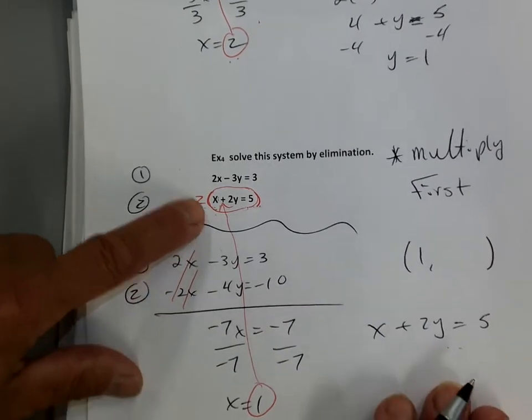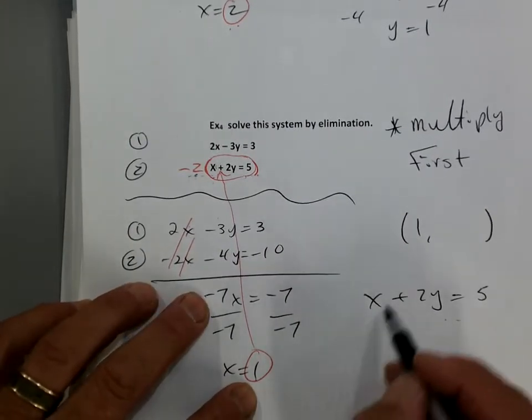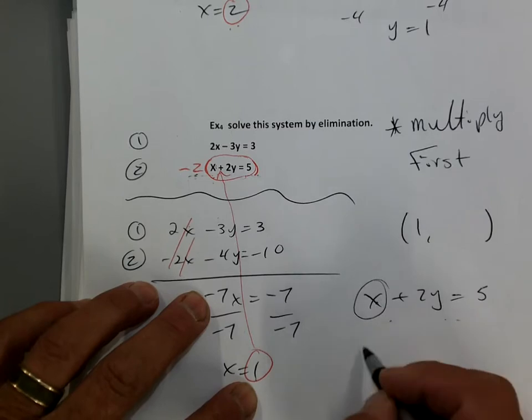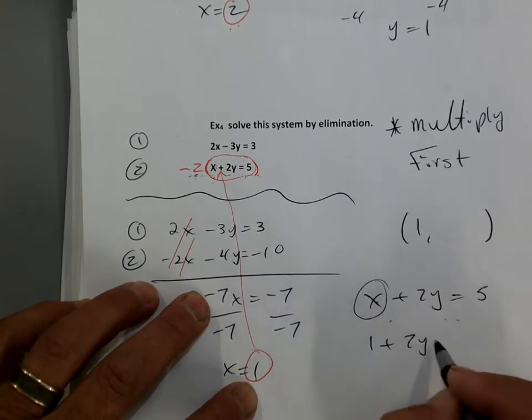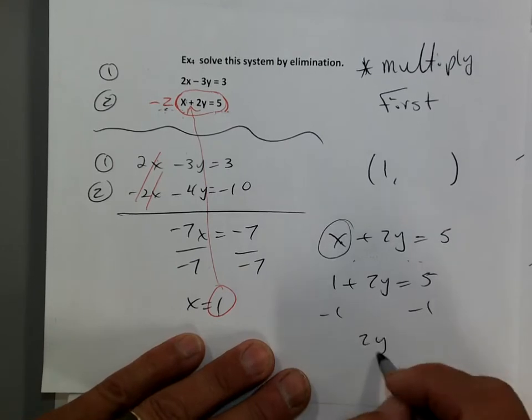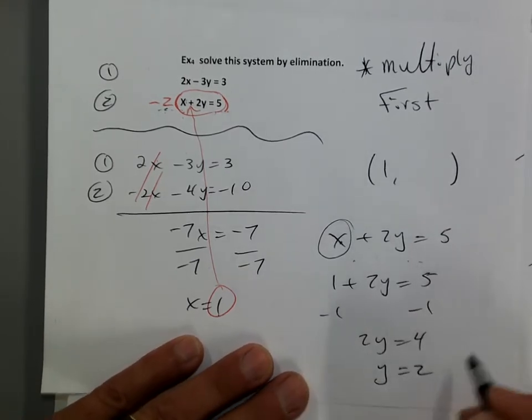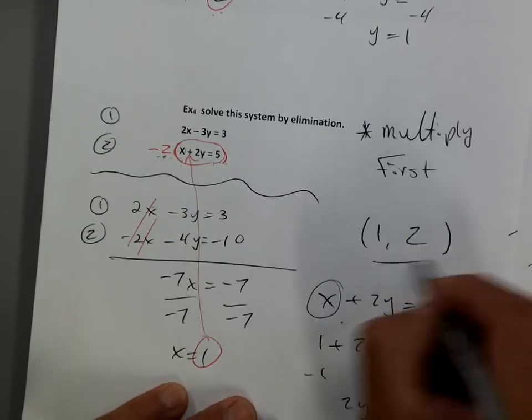Instead of writing y, I'll write 1: x plus 2 equals 5, and I'll solve. Minus 2, minus 2, x equals 3. So my answer is (3, 1).